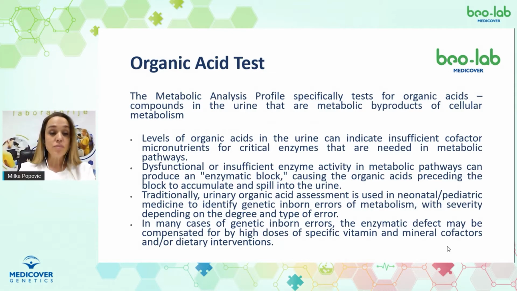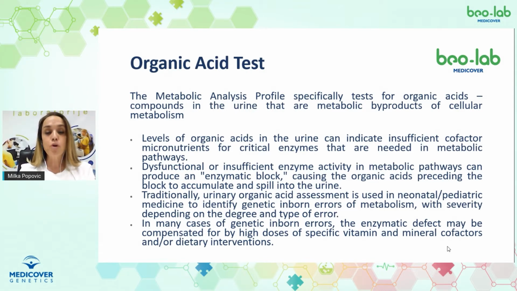So organic acids are specific components that are part of the urine. The level of these compounds in urine can indicate whether there are enough micronutrients for critical enzymes that are necessary for metabolic pathways.